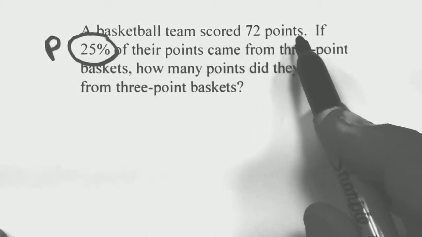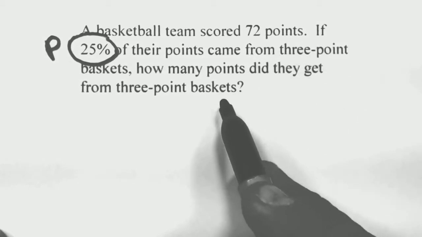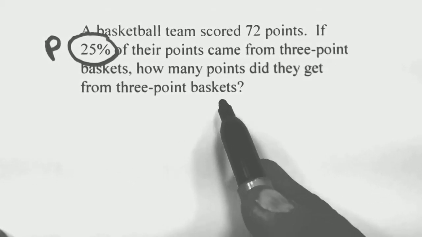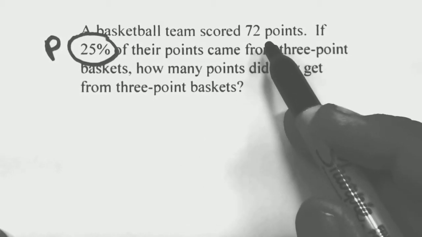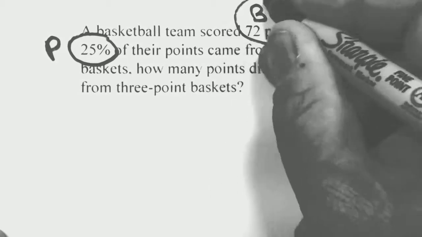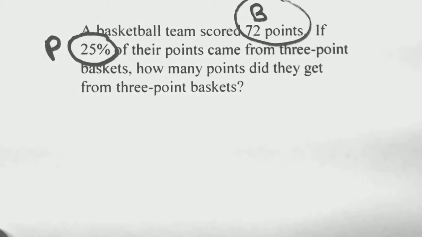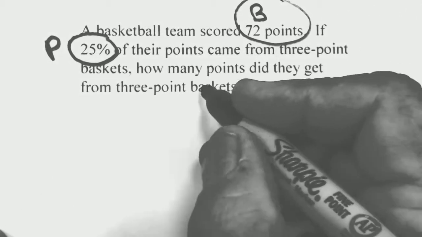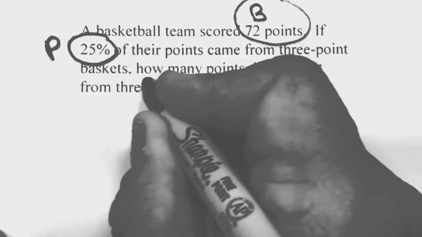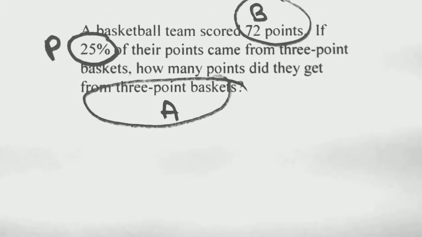We've got to know everything they scored in the game, then we can figure out what part that is of the whole amount. So the first thing we need to know here, what they scored in the whole game, so this is the base, the 72, and how many they get from the three-point baskets? Well, this is going to be the A, the amount that they got from those.